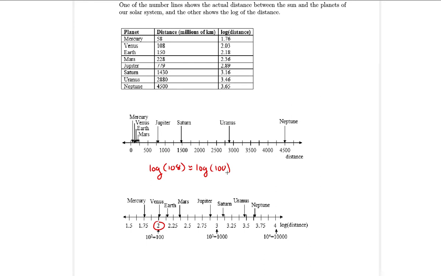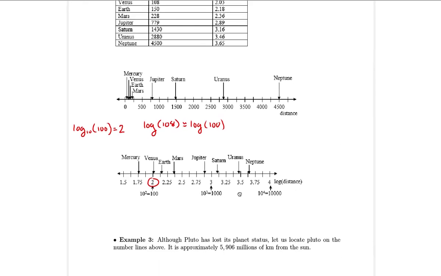So what does this mean? The log base 10 of 100, what are we saying? We're saying, what do I take 10 raised to in order to make the number 100? Well, I would take it raised to the number 2, right? So that is why you see Venus really close to the number 2 on the log scale.